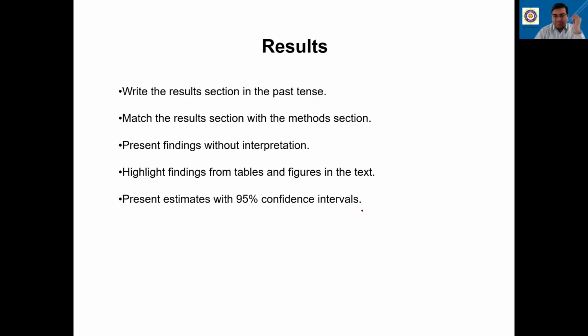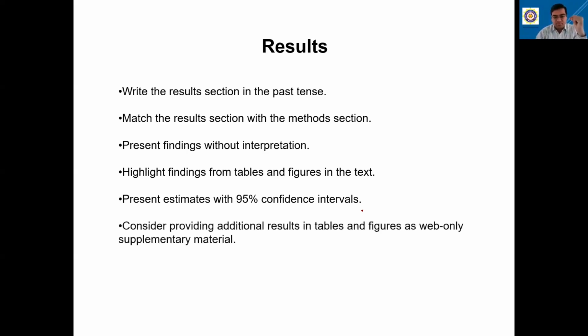Again, present estimates with 95% confidence intervals, meaning your results should be around the mean value. Consider providing additional results in tables and figures as a web-only supplementary file.